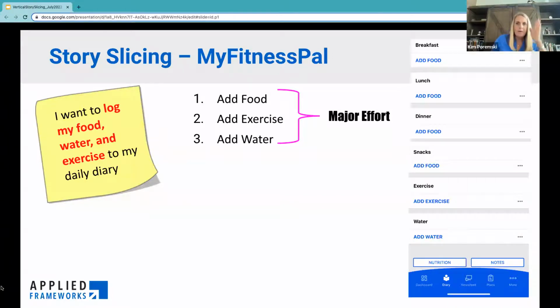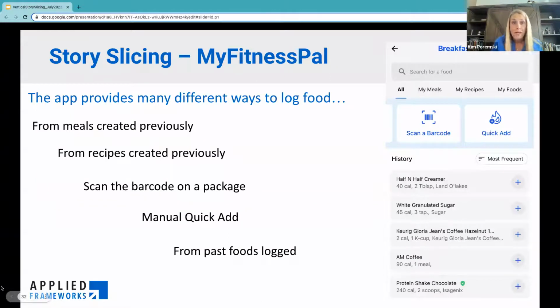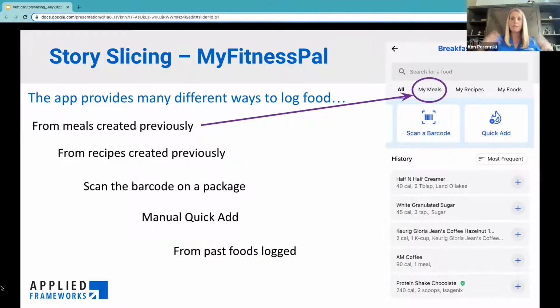And then let's zero in on just adding food. MyFitnessPal offers a whole bunch of different ways for me to log my food into the application. For one, I could create meals, right? I could say tuna melt. I take all the ingredients that I use for a tuna melt, put that all in, and then just add tuna melt at a given point.